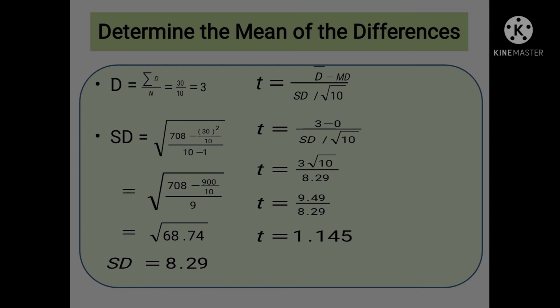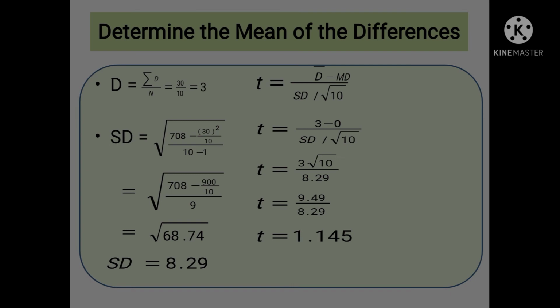Determine the mean of the differences. D bar is equal to the summation of D over n, which is 30 over 10, which equals 3.